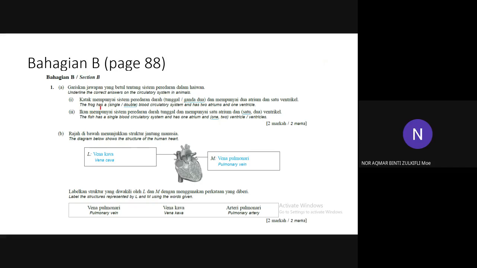The frog has a single or double blood circulatory system? Double. The fish has a single blood circulatory system and has one atrium and one ventricle. Again, you must know how to label the parts of the heart. So this one is vena cava and this one is pulmonary vein.